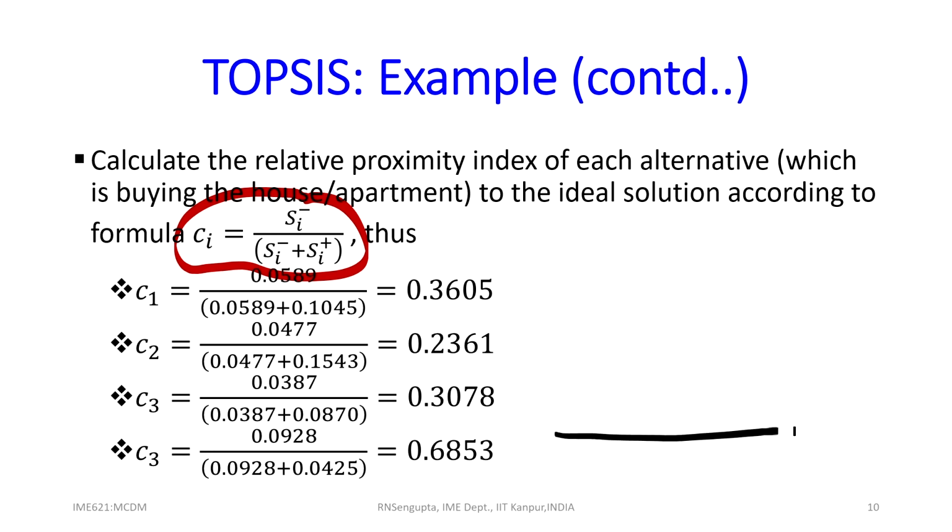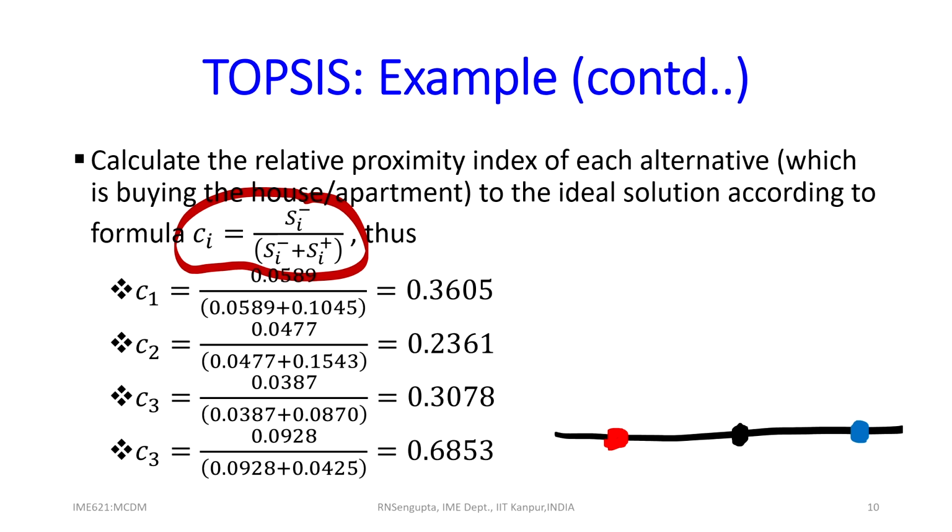This is the line, this is the negative point, this is the positive point, PIS and NIS. This is the point based on which we are trying to find out. Because they are the alternatives, there would be 4 such points.